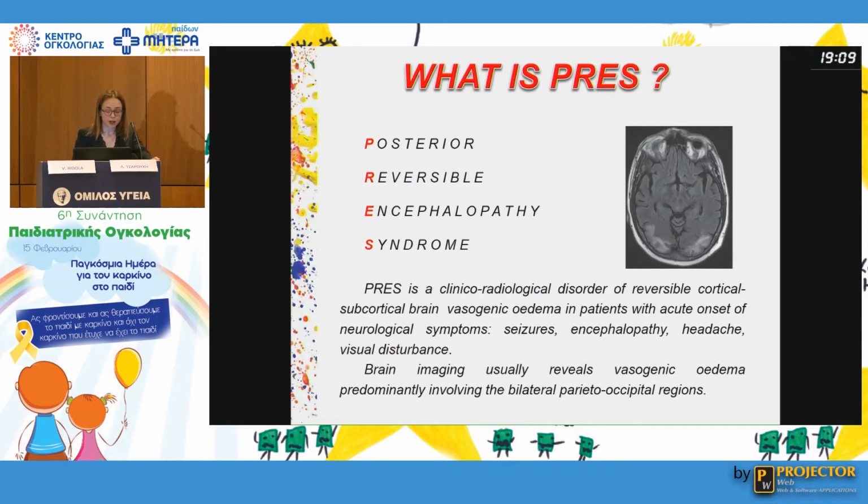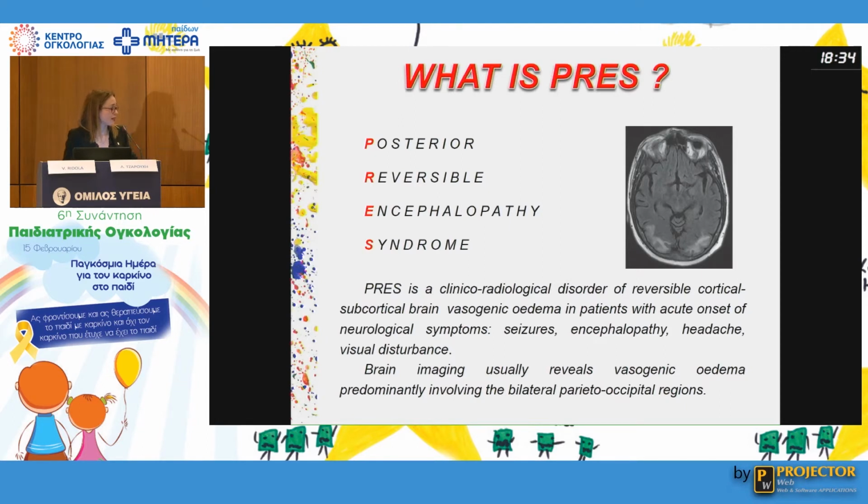It is a clinical radiological disorder of reversible cortical subcortical brain vasogenic edema in patients who present with the acute onset of neurological symptoms. And neurological symptoms can be all the possible neurological symptoms. Generally, most commonly, these patients present with seizures, different degrees of signs and symptoms of encephalopathy, headache, and visual disturbance.